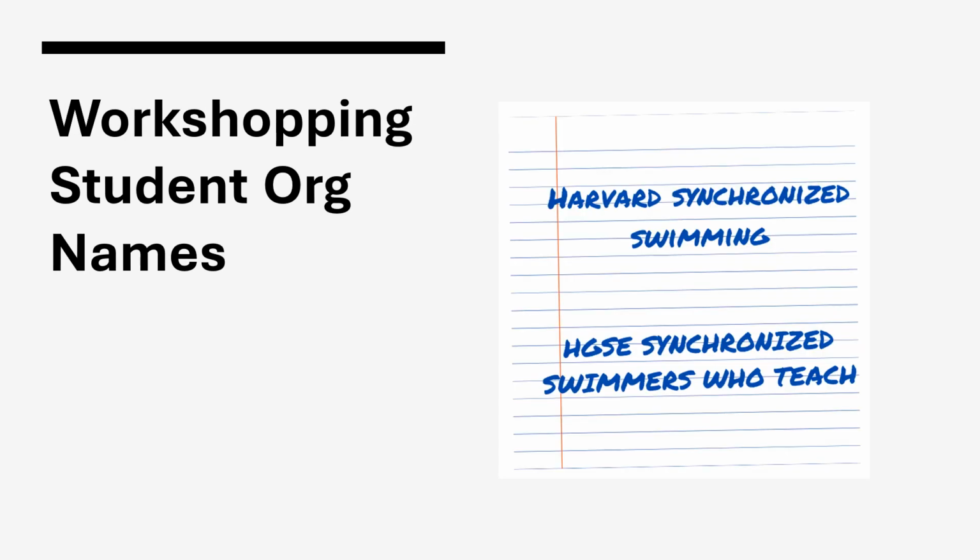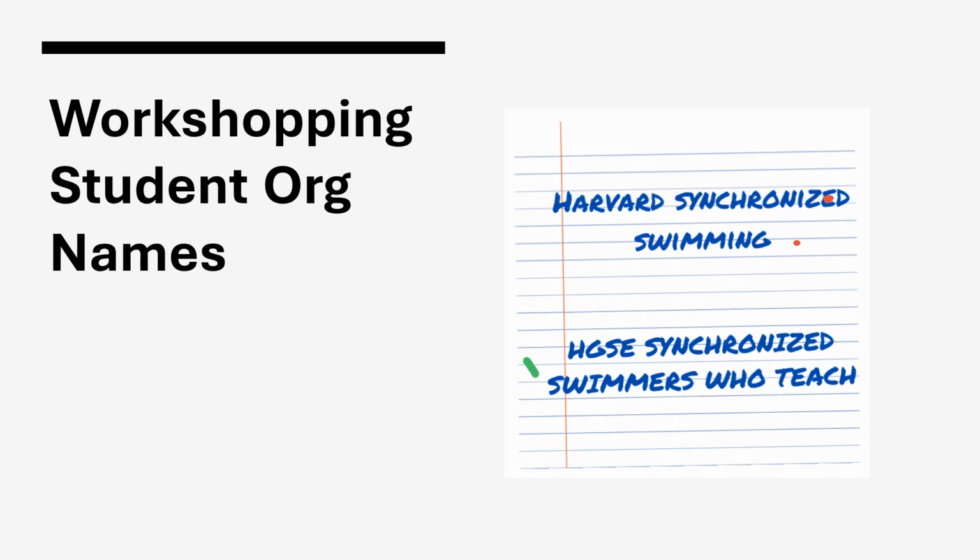Let's look at a couple of examples of potential student organization names. The first one, Harvard Synchronized Swimmers, is confusing. It sounds like it could be the university's synchronized swim team. The second one, HGSE Synchronized Swimmers Who Teach, has HGSE in the name and offers some general information about the organization. Between the two, the second one fits the naming criteria.